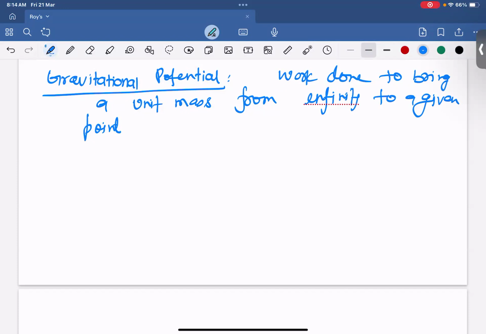Potential, which we denote with V, is the total work done to bring 1 kg mass. That means work done per unit mass. The SI unit becomes joule per kg.